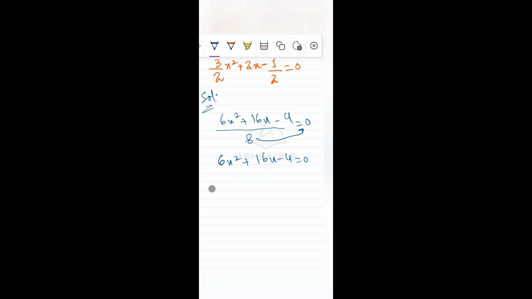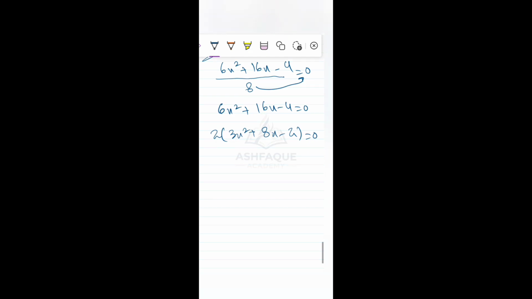We have 2 as a common factor from the terms. 2 times 3x square plus 8x minus 2 is equal to 0. So the simplified equation we have is 3x square plus 8x minus 2 is equal to 0.